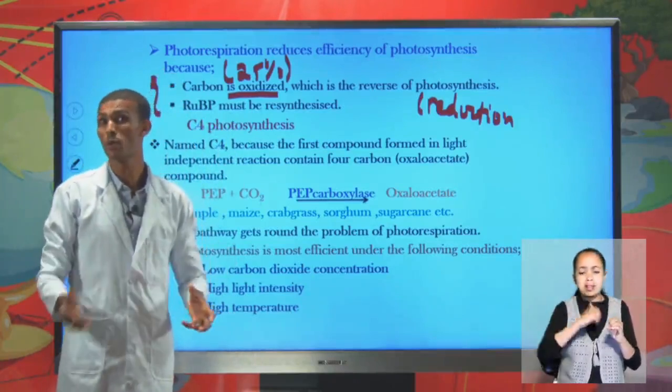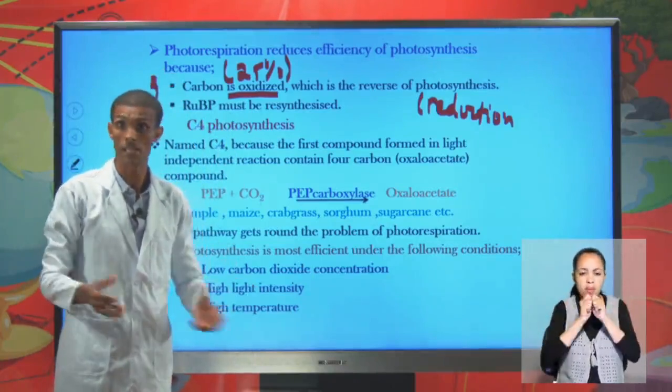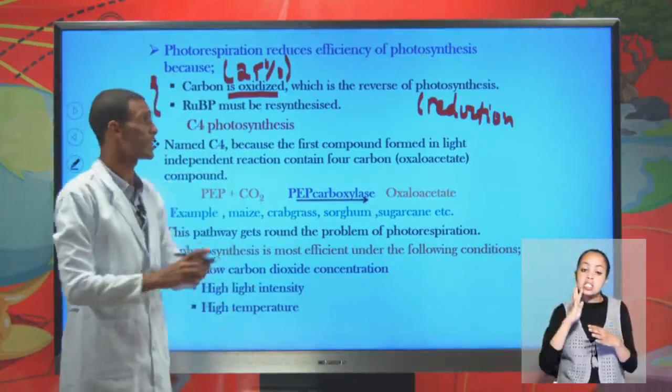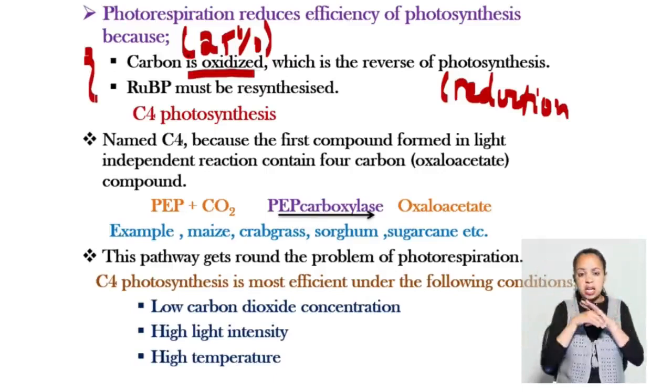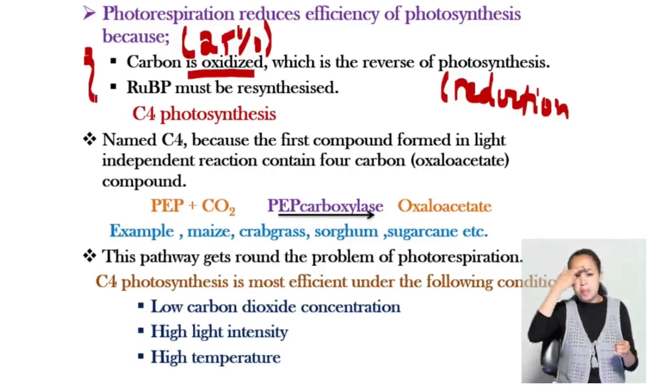Another very important type of photosynthesis is C4 photosynthesis. This type of photosynthesis is largely experienced in tropical environments, including Ethiopia. These plants are considered C4 because the first compound formed in the light-independent reaction contains a 4-carbon molecule called oxaloacetate.